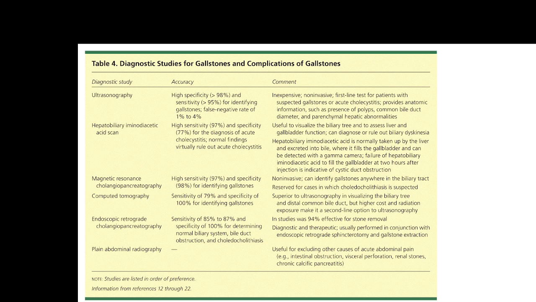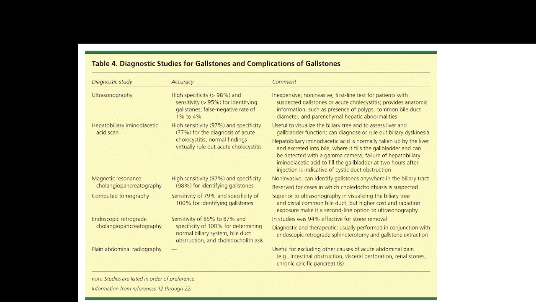MRI and cholangiopancreatography are also useful in certain conditions, and their sensitivity is around 97% and specificity also 98%. CT has a comparatively lesser sensitivity of 79%. Endoscopic retrograde cholangiopancreatography, or ERCP, is done only in specific conditions where you have to rule out obstruction, where the biliary obstruction and its location may be studied.